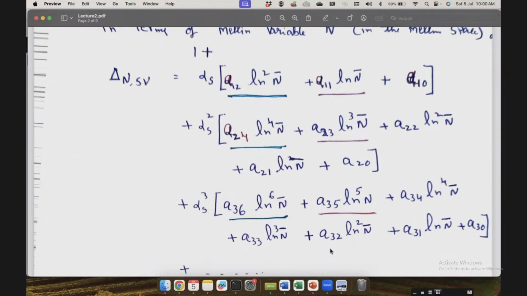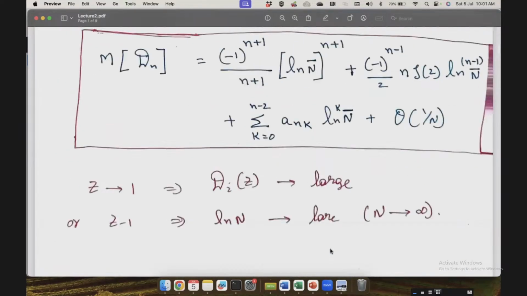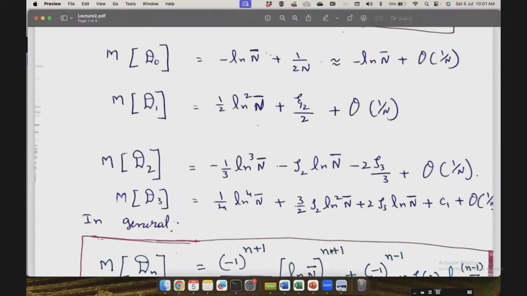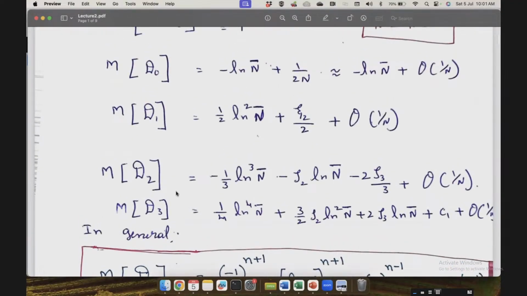So instead of summing the large tower of logarithms in the z space, if we go to the Mellin space, we can reorganize the large logarithms, because we have an exact definition that n going to infinity is a large logarithmic contribution. Again, just to reiterate, this is a very vital point. For example, if you see the curly D3 contribution or curly D2 contribution in the Mellin transformation, somewhere it is log cube n bar, somewhere this one, and then there are 1 by n type of terms.